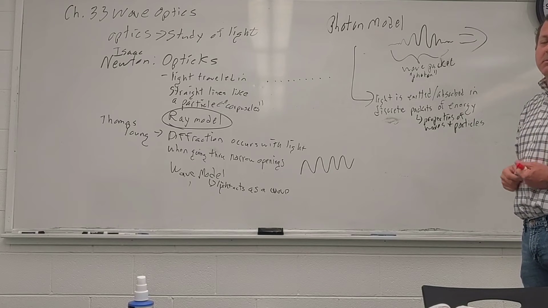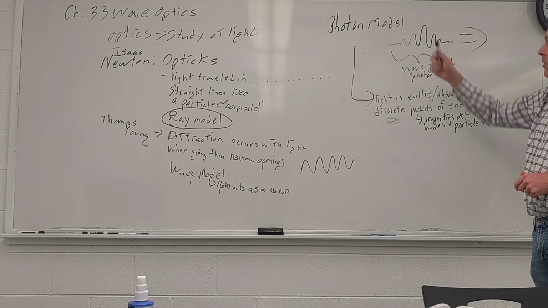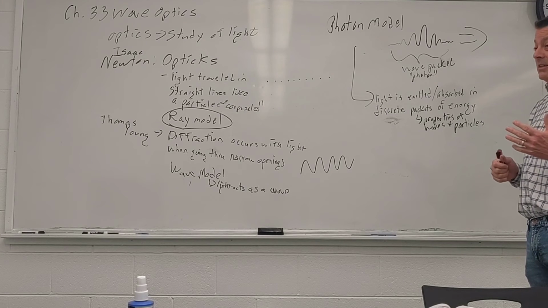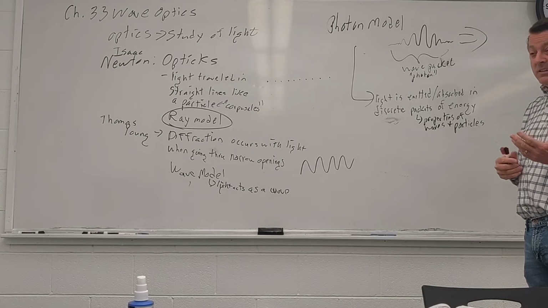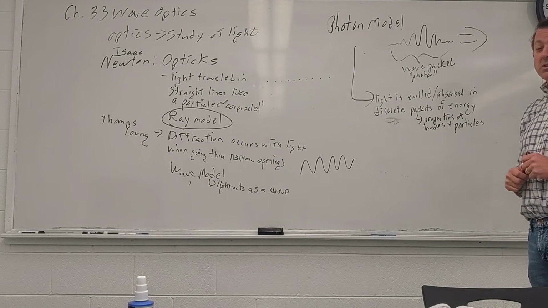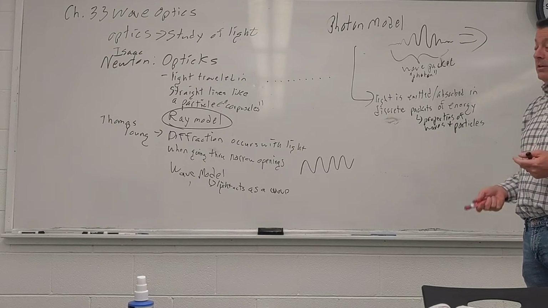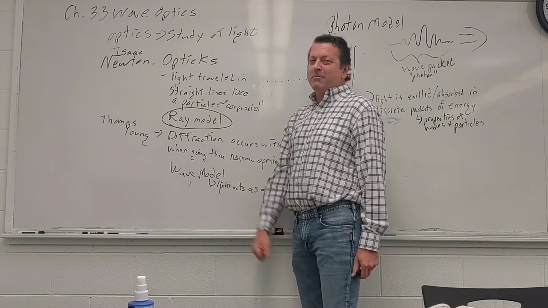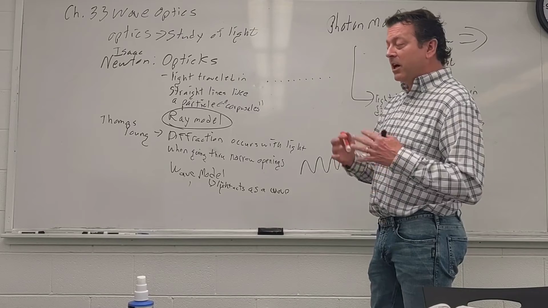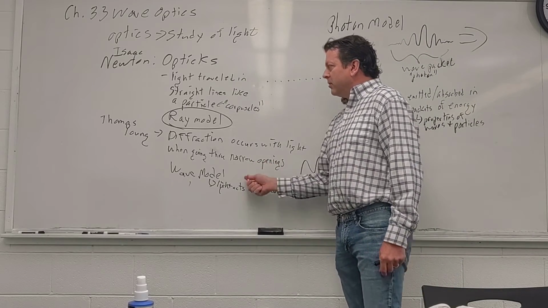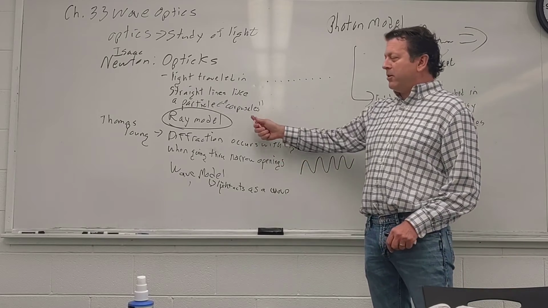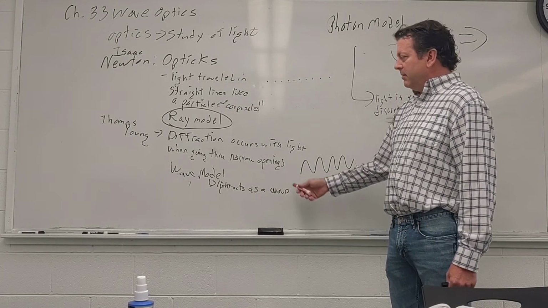Now, which one is the newest model? The photon model. Which one tends to explain things the best? The photon model. Which one's hardest to understand? The photon model. Which one's real simple to understand? The ray model. But it works in lots of situations. The wave model works in situations the ray model tends to have issues with.